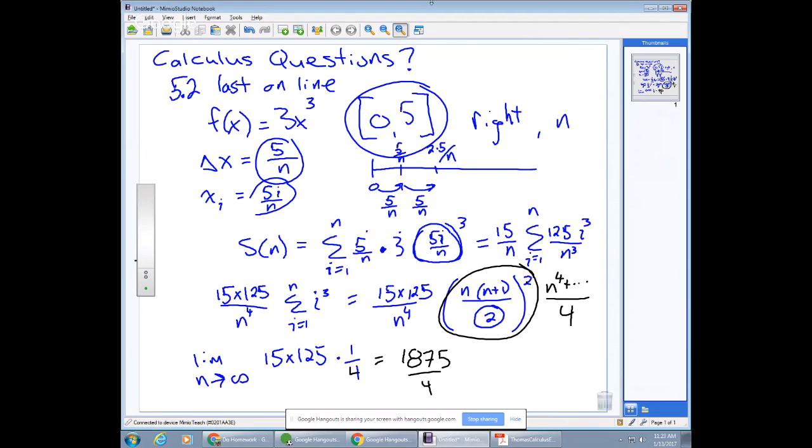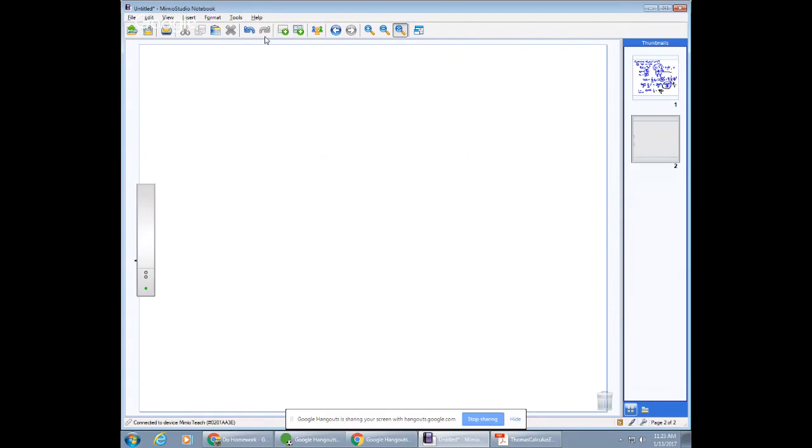I really got to multiply all that out. Fine. Okay, new page. So the sum of i from 1 to n of i cubed is equal to n times n plus 1, which is n squared plus n over 2. So then we have to square that, which is going to give us what?